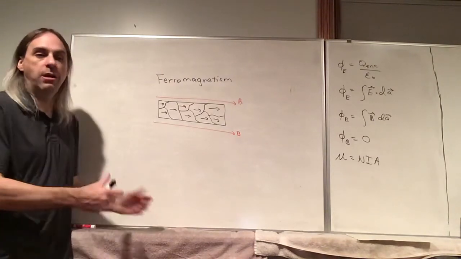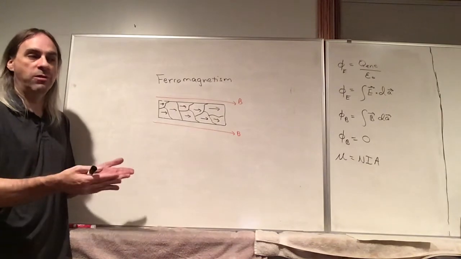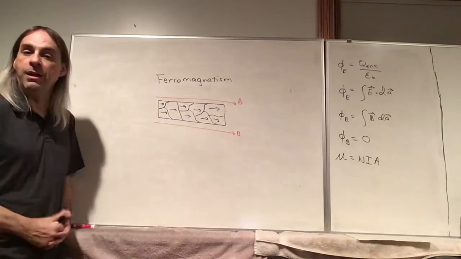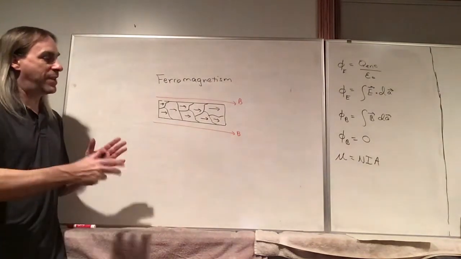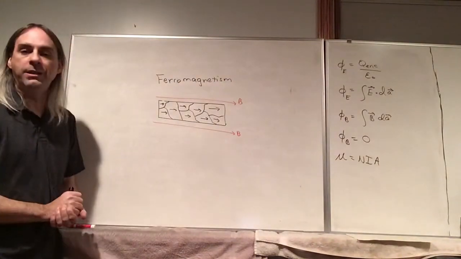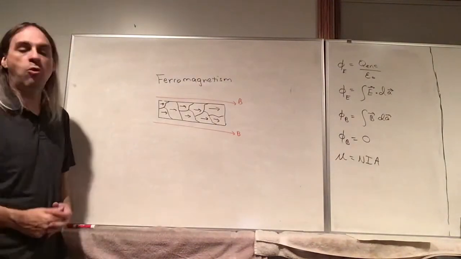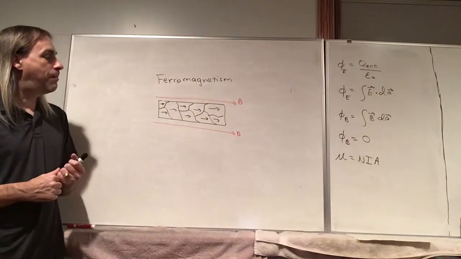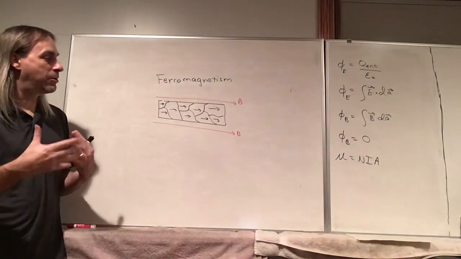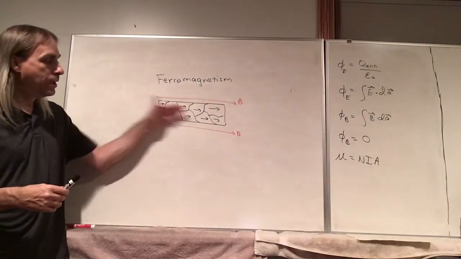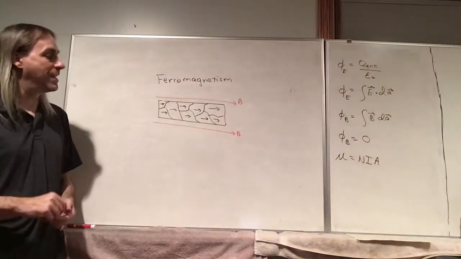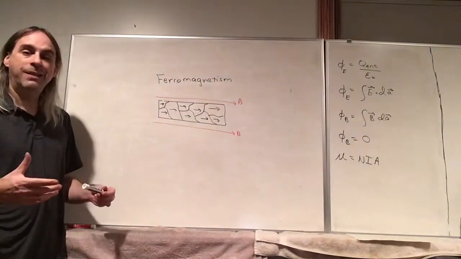Paramagnetism is much quicker. You apply an external field, atoms just line up with it. Here they have to reach a point where they all flip at once, so it'll probably occur a little bit more slowly. But otherwise, other than the detail of how this internal field arises, it might seem the same.